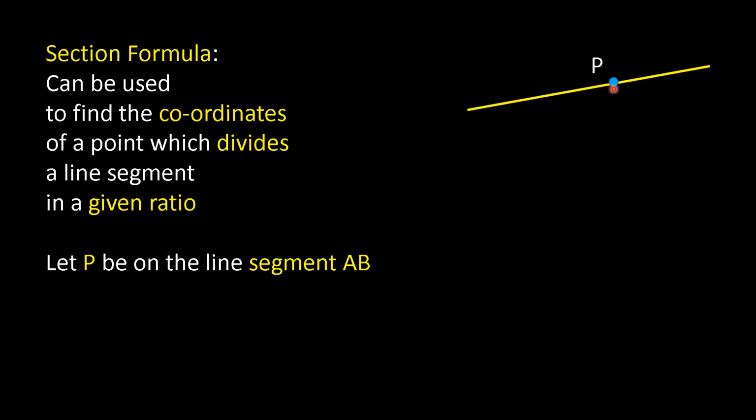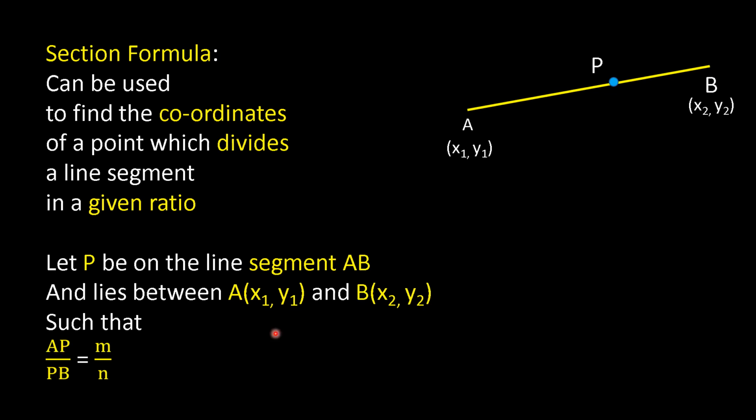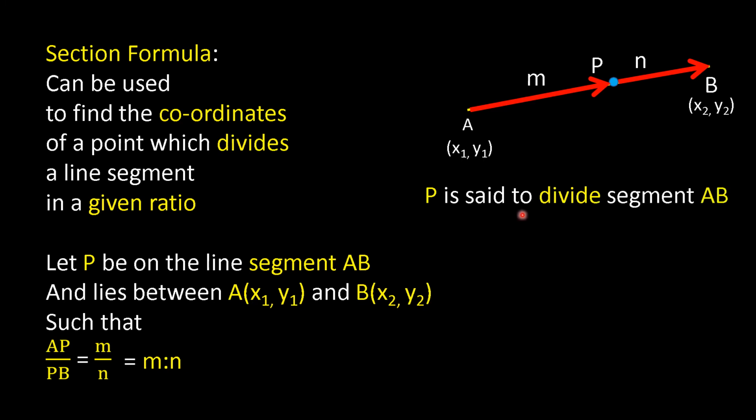This is line segment AB, on which this is point P, and it lies between A(x1, y1) and B(x2, y2), such that AP upon PB equals M upon N, that is M as to N. Therefore, P is said to divide segment AB internally in the ratio M as to N.